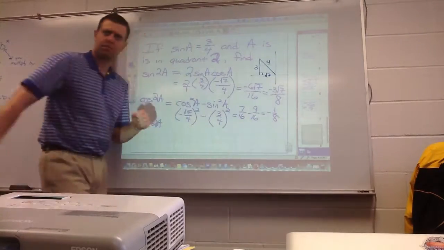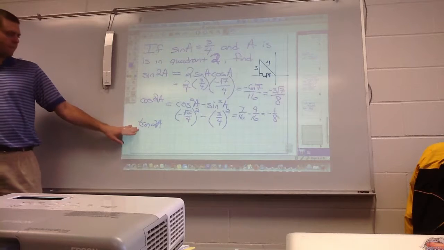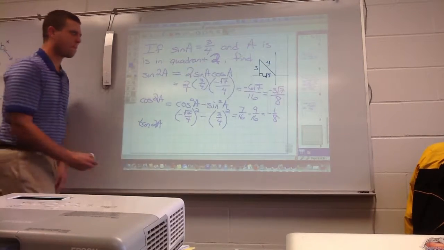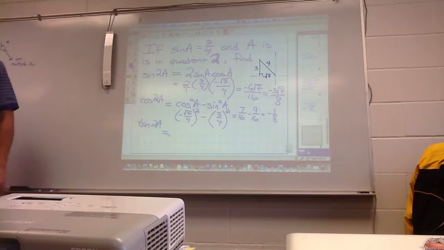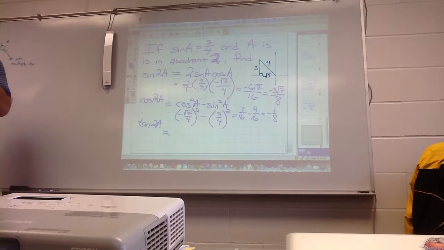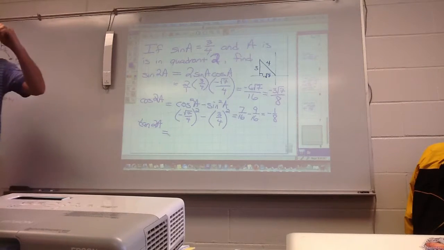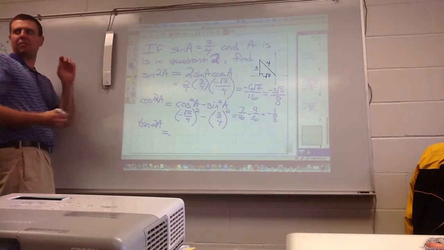Alright, so negative 1/8. Okay. Tangent of the double angle. Tangent of the double angle equals 2 times the tangent of A over 1 minus tangent squared A. I'm running out of space, so I'm not going to write the identity again.